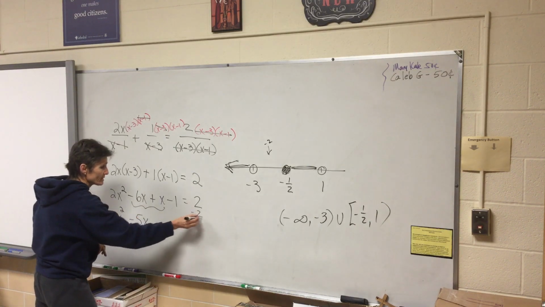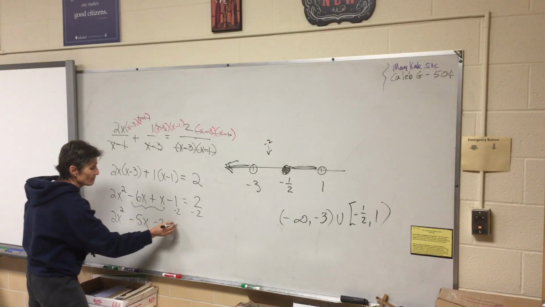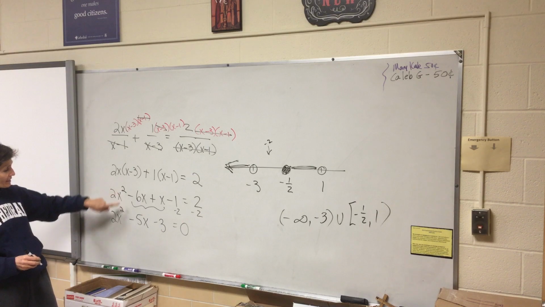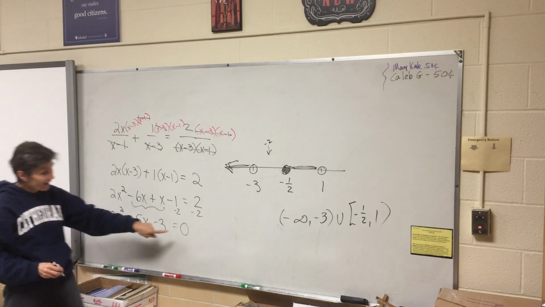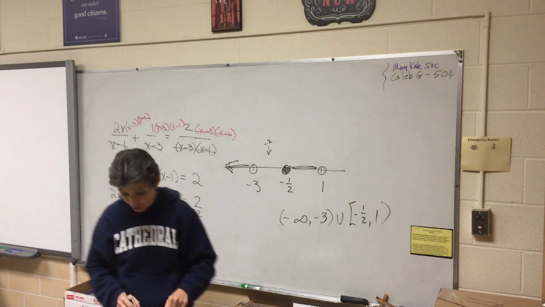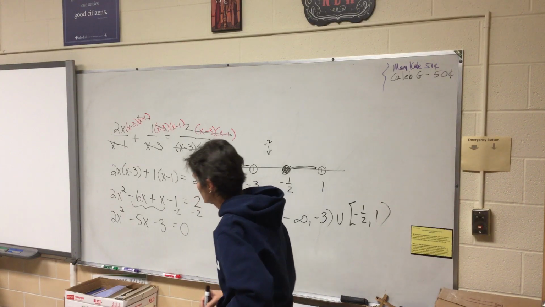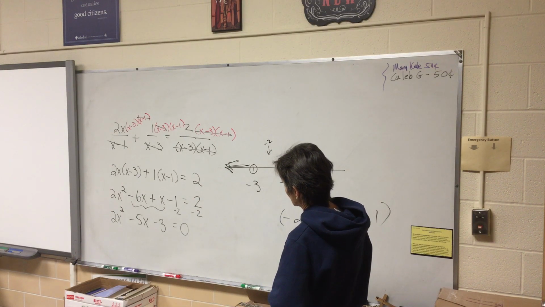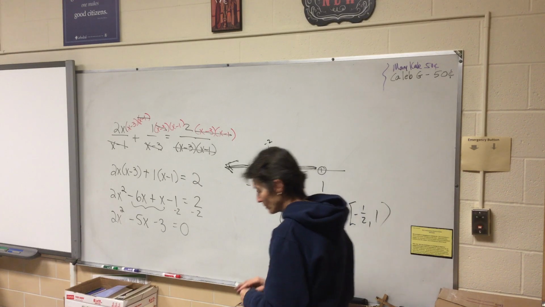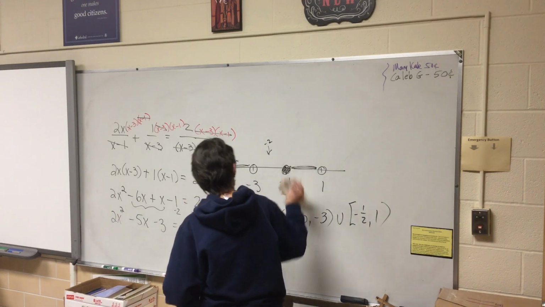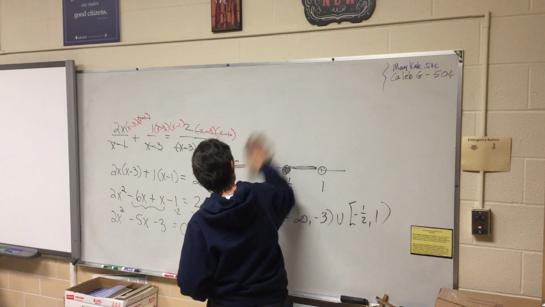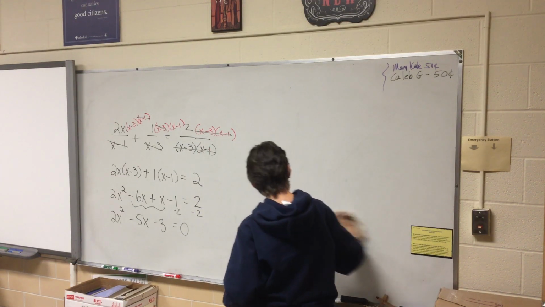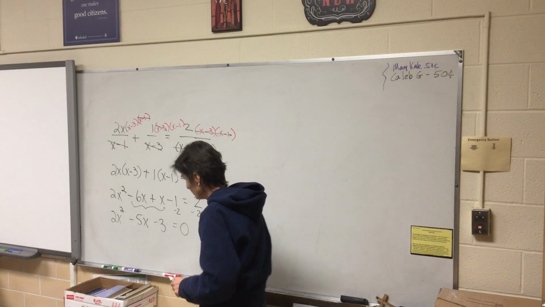And then I'm going to go ahead and subtract that 2, because if it's a quadratic equation, if it's a squared equation, I want to have it equal to 0. All right, now what? And factor that.